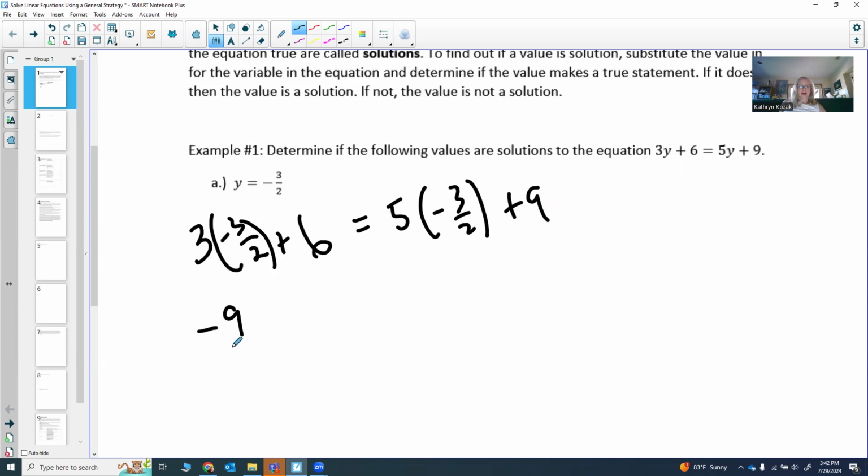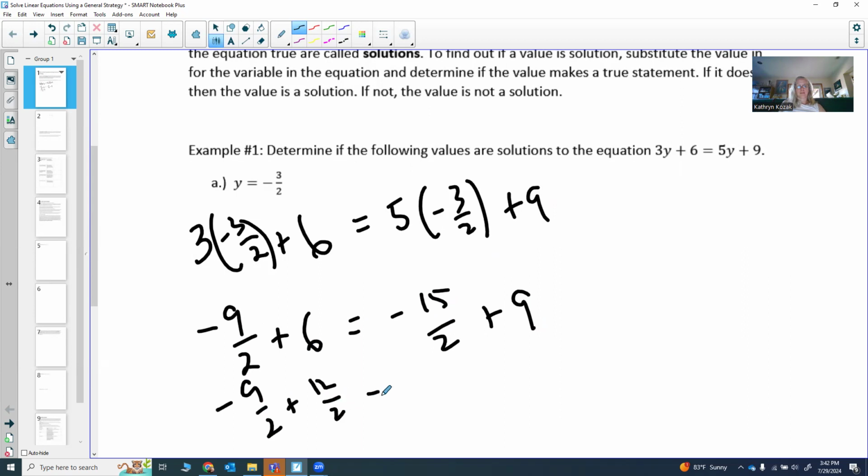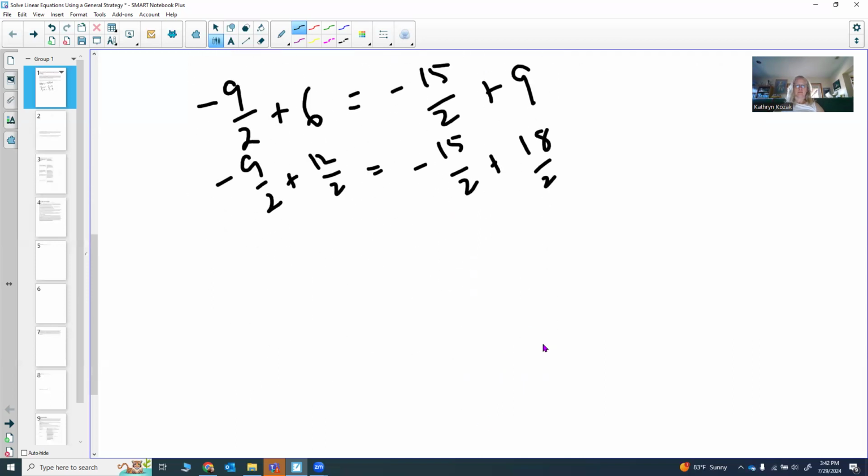So -9/2 plus 6 equals -15/2 plus 9. -9/2 plus 12/2 equals -15/2 plus 18/2. Equals 3/2.